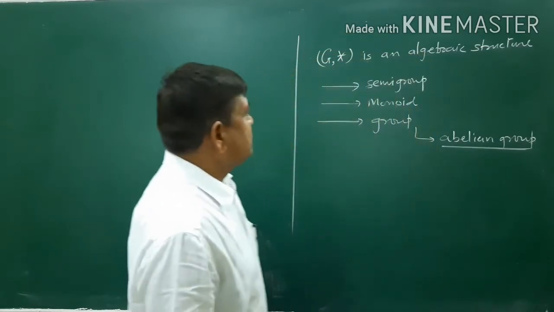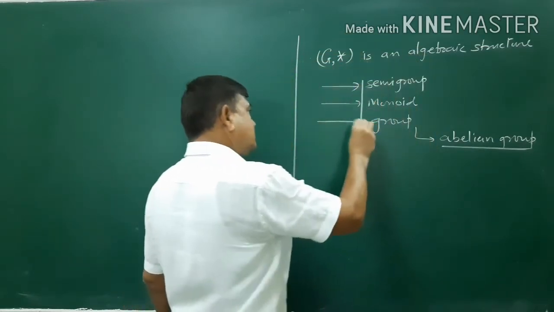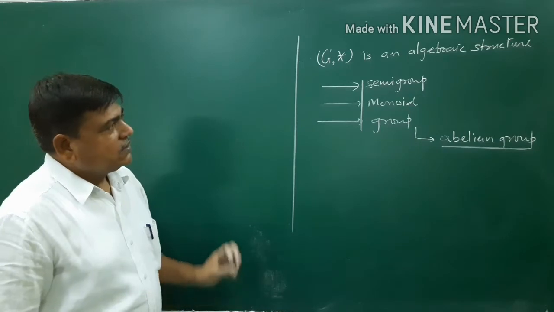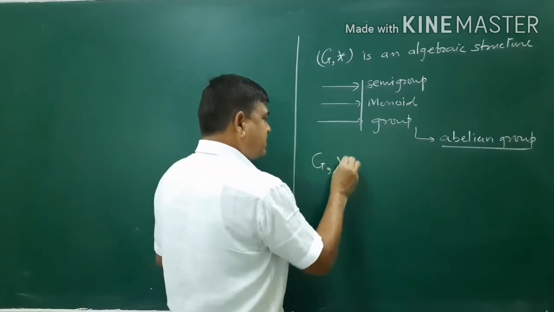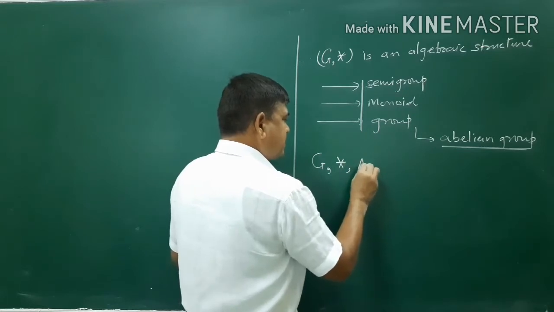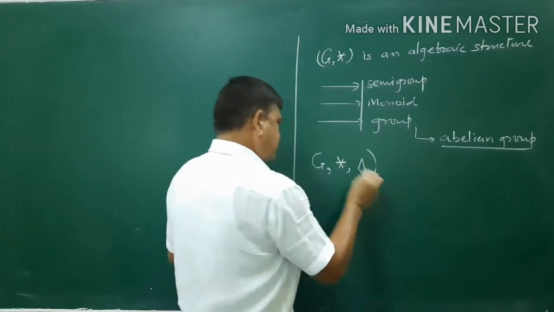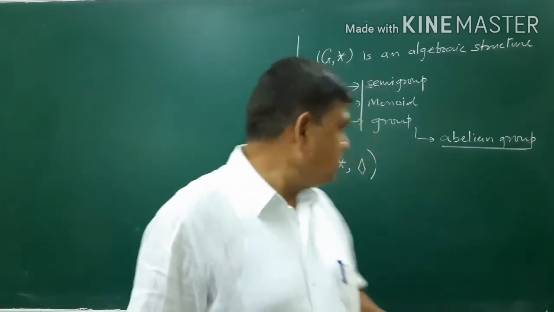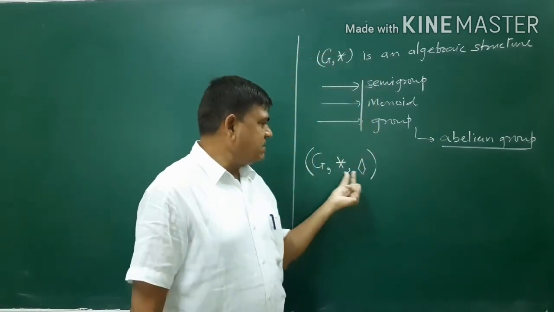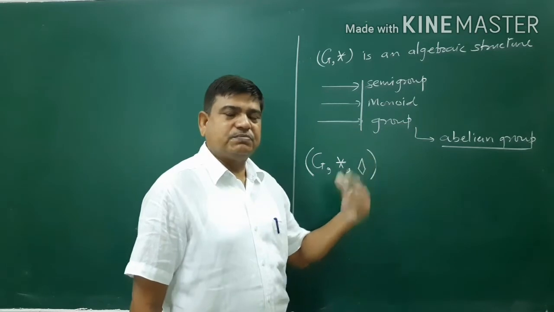Okay, so what is this? Now suppose G is equipped with two binary compositions, one is this and the other is this, denoted by these two symbols.